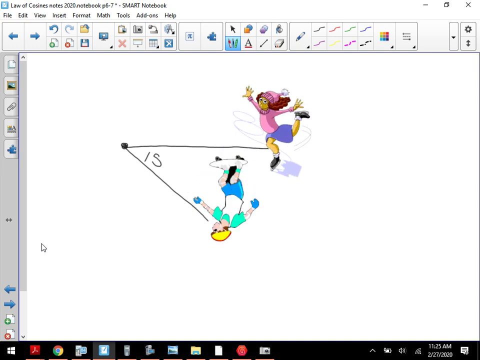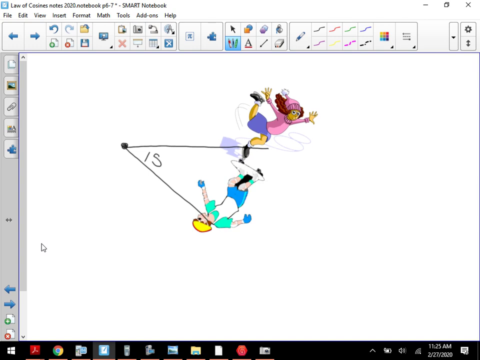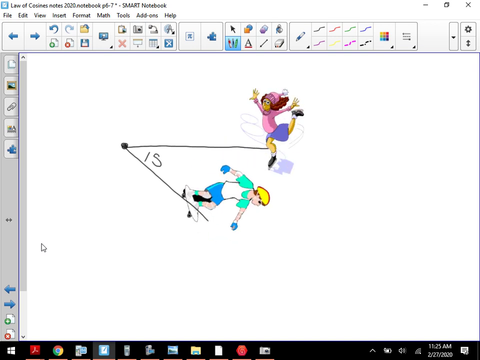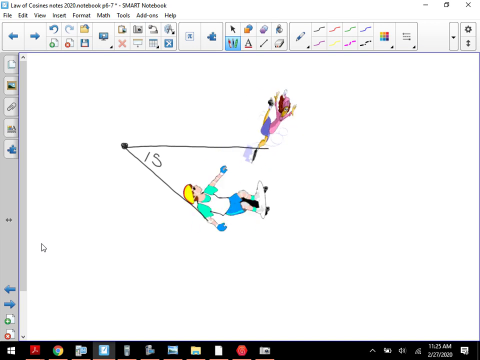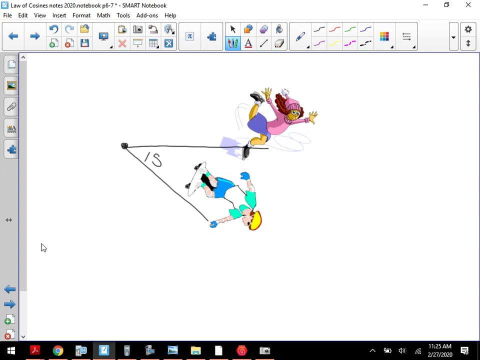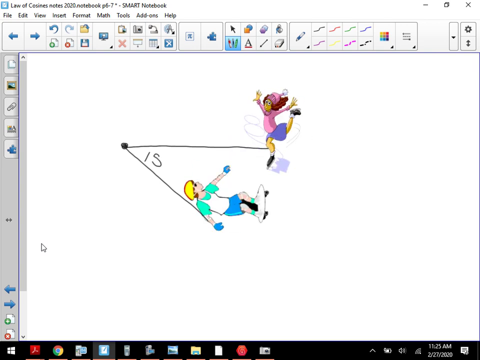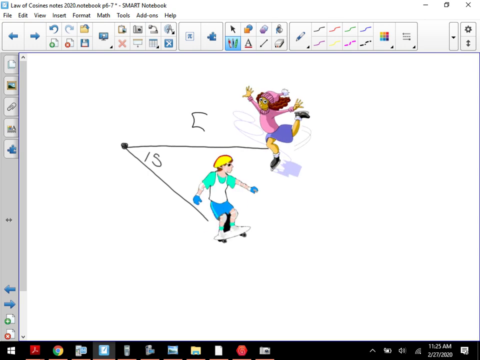How far does it matter who's who? It really doesn't. But if we say one person went 5 meters, the other one went 7, does it matter where I put 5 and 7? No. We'll say they went 5 and 7.